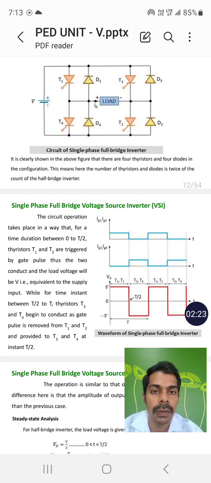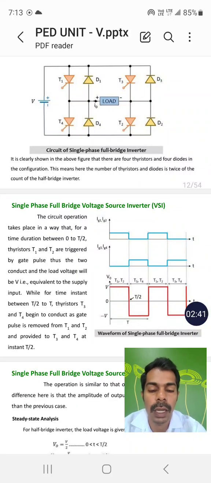The negative of the input supply is connected to the T4 and also T2. The positive region comes from the load, so the T2 starts conducting, and the circuit closes from load, T2 and also the negative supply. Look into the output voltage waveform. The first blue color indicates the gate pulse IG1, IG2.